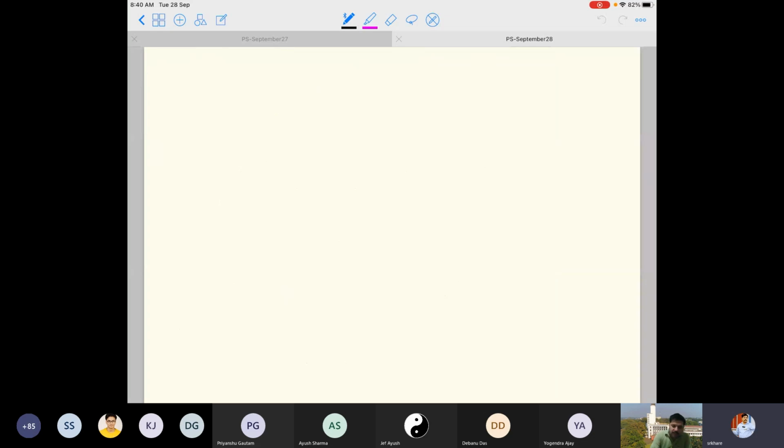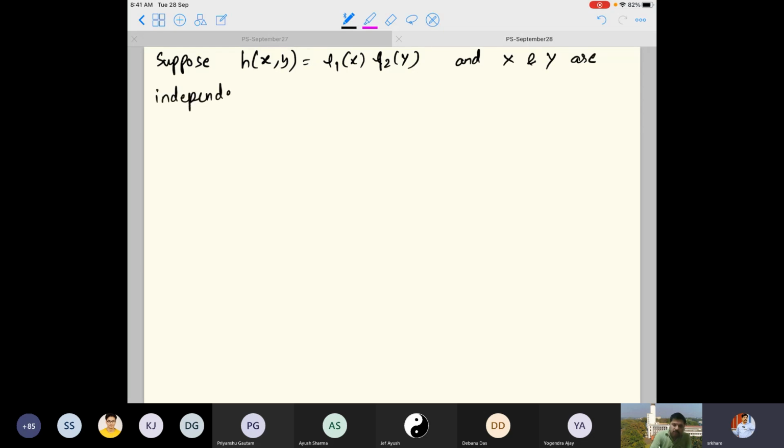Now let us suppose that you can write h(x, y) in two parts, phi 1(x) into phi 2(y), and X and Y are independent. If that happens, then you can write the expectation of h(X, Y) as the double integral of phi 1(x) phi 2(y) f(x, y) dx dy.